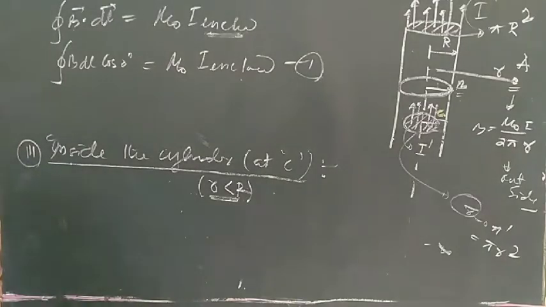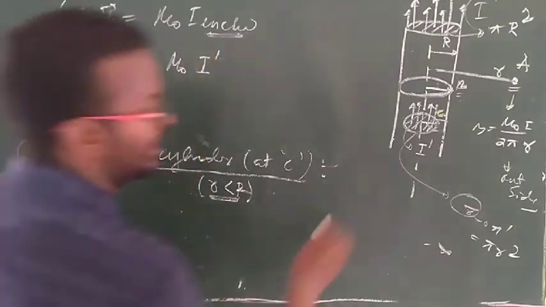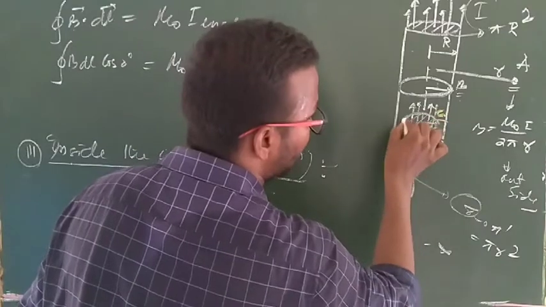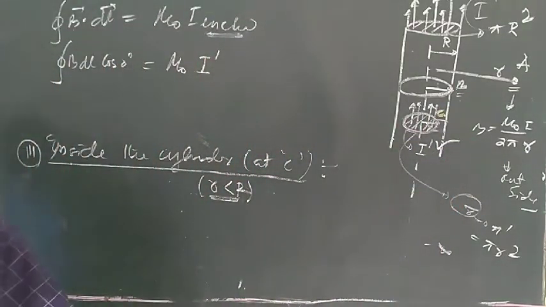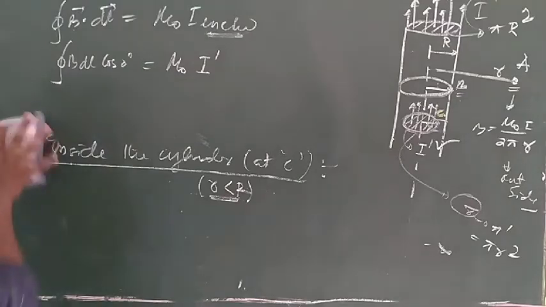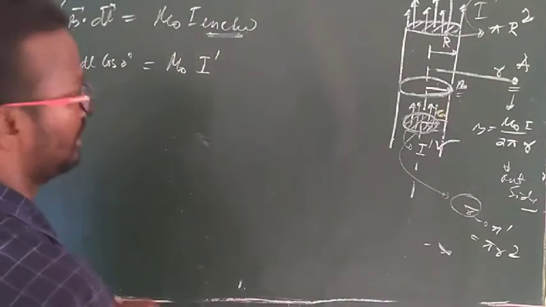First we have to find what I enclosed is. So here I enclosed equals I dash, because this is the Amperian law and the current flowing through the Amperian loop is I dash. First we have to find the value of I dash.